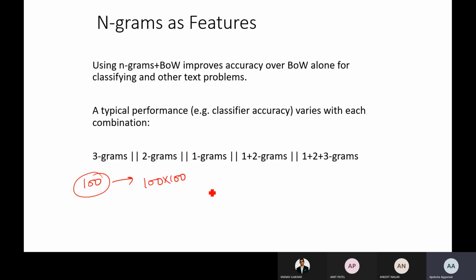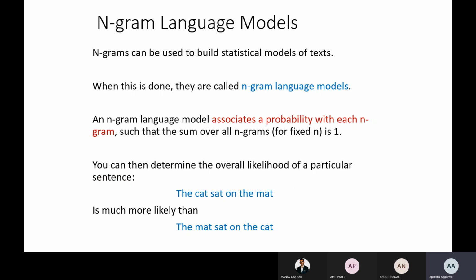And what is the possible number of trigrams? 100 cross 100 cross 100. So many possibilities are there. So the vocabulary size is increasing even more. Okay. So this is a disadvantage. Now let's see.